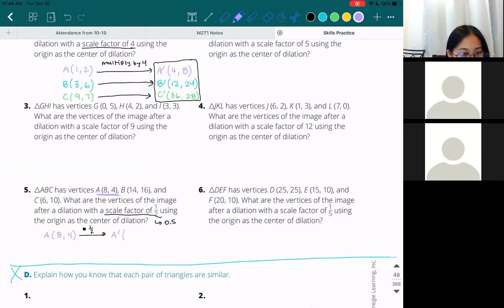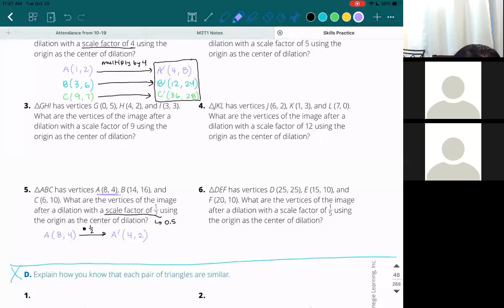Also, multiplying by 1/2 is the same thing as dividing by 2. So you can think of it as dividing by 2 every single time. Like for A, which is 8, 4, what is 8 divided by 2? Also known as 8 times 1/2, also known as 8 times 0.5. What would it be? 4. And then the next one is the y value, 4 times 1/2. 2.